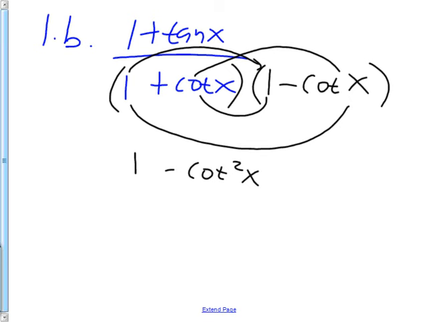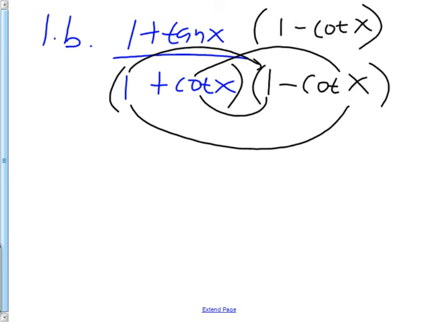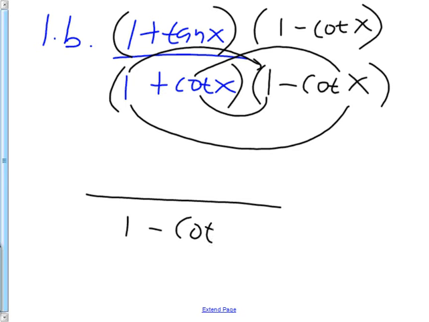All right, so what did I just do there? I multiplied by a conjugate. If I do it on the bottom, though, I have to also do it on the top. All right, so why did I do that? Because now on the bottom, I did first, outside and last. I got 1 minus cotangent squared x. If you go back to that saying that you know, the 1 with the cot is cosec, then do you get that cosecant?